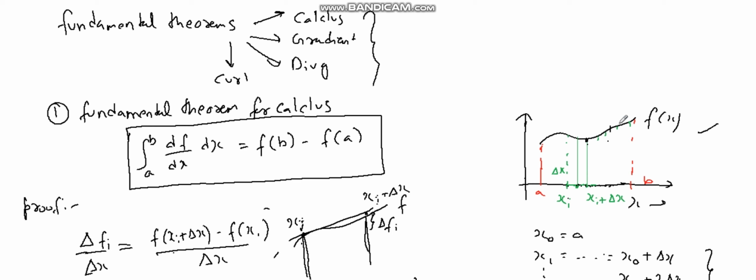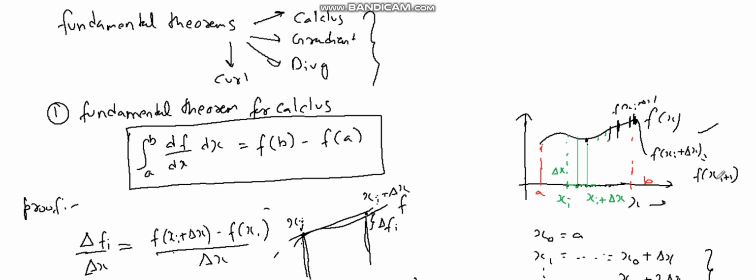If we are taking these two lines, then f of x_i plus delta x should be this term. If we are at the edge of this curve, then this curve is f of x_i plus delta x. What is it going to be equal to? This is going to be f of x_{i+1}, and this is the edge, okay. Beyond that we cannot go.